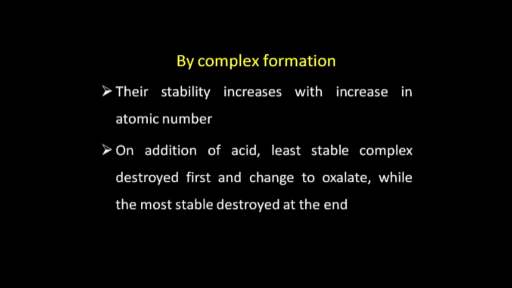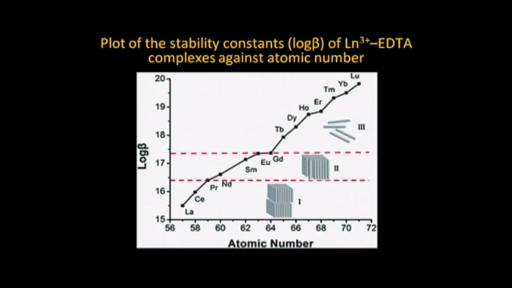On addition of acid, the least stable complex is destroyed first and changes to oxalate, while the most stable is destroyed at the end. This is the plot of the stability constant log beta of the lanthanum +3 EDTA complex against atomic number, and the stability constant increases with atomic number from 58 up to 71, from lanthanum towards lutetium.